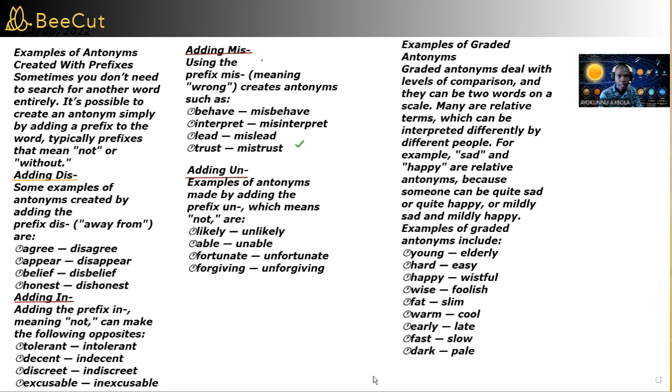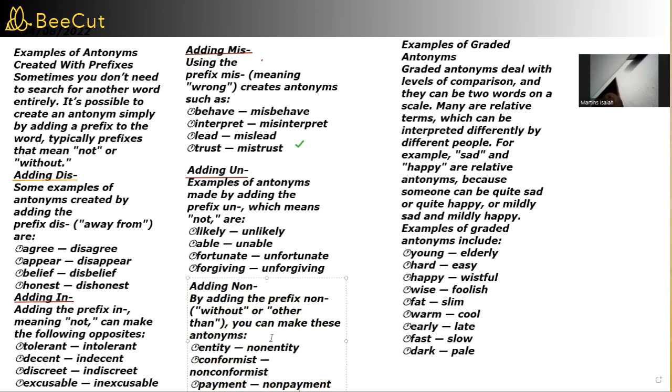And finally, before we round up for today, we're going to look at one more under that. That is adding NON. Adding NON to the word to make it an antonym.